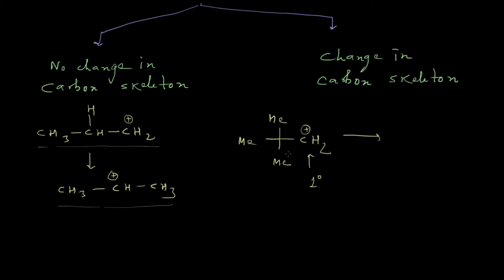So if this carbocation undergoes an intramolecular rearrangement, then a methyl group, one of these three adjacent methyl groups, needs to migrate to this CH2 plus center, which will produce a new carbocationic species.